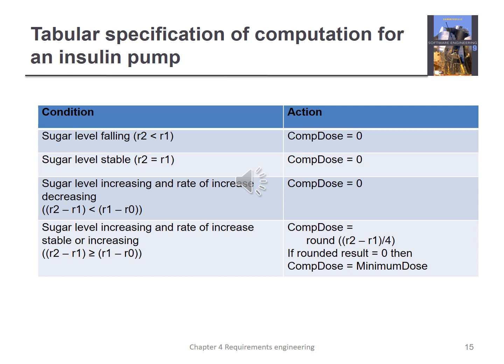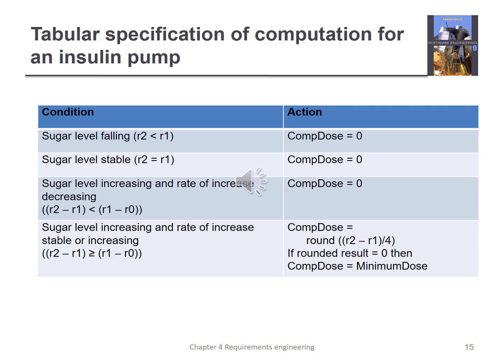It's easy to be understood by you as a developer and by the customer who is writing that specification or telling you about that specification. Sugar level increasing and rate of increase decreasing means R2 minus R1 less than R1 minus R0. Again, the dose is 0.